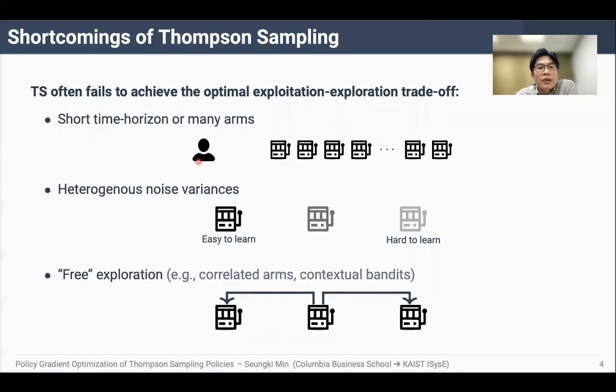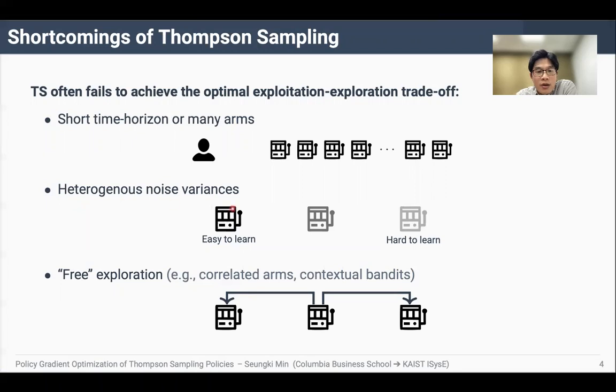But Thompson sampling does not incorporate this time horizon information in its arm selection rule, so we'll continue to explore to the end of the horizon. As an extreme example, suppose we have an infinite number of arms. Then Thompson sampling will keep selecting a new action every time from the beginning to the end, which is very suboptimal behavior.